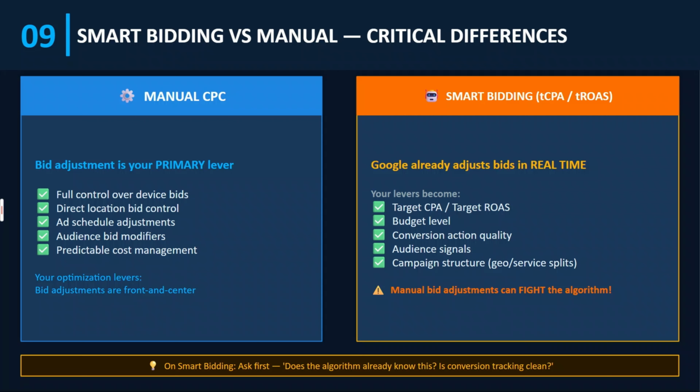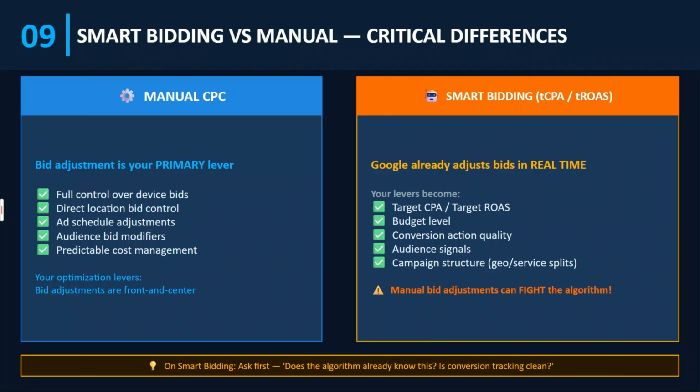It takes device, location, time, audience all at once for every single auction. So if you try to manually override those signals, you might actually be fighting the algorithm, and that usually makes things worse, not better. On smart bidding, your main levers are different. They are your target CPA or target ROAS.